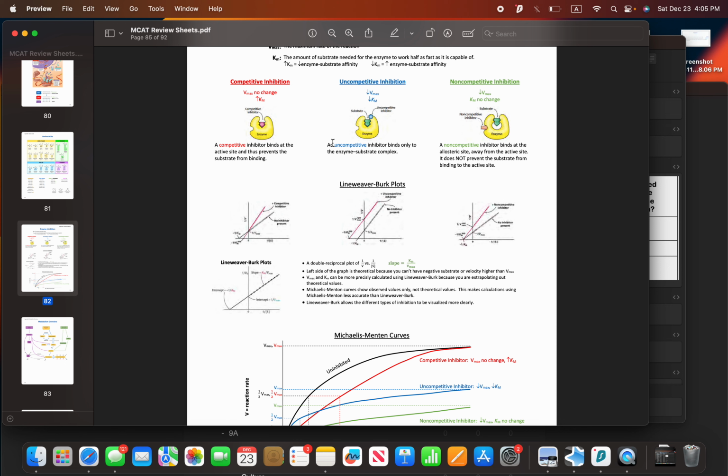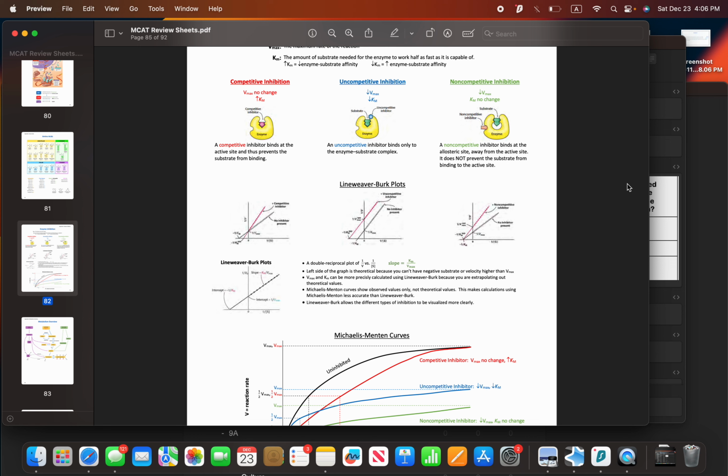And in uncompetitive, the inhibitor binds only to the enzyme substrate complex. So the substrate sits here, and the uncompetitive inhibitor sits on the side. And the non-competitive binds at the allosteric site, away from the active site. It does not prevent the substrate from binding to the active site.